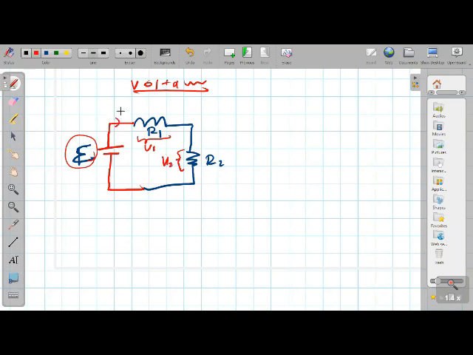What current is I throughout the circuit. So according to the voltage rule, the EMF should equal the potential drops, V1 and V2. As we know, V equals IR from Ohm's law.